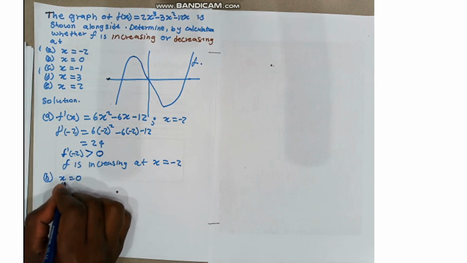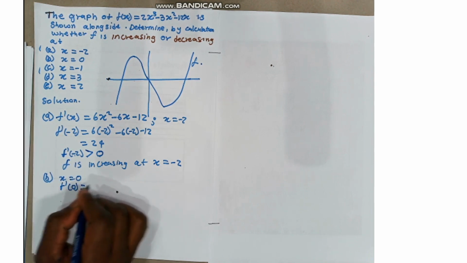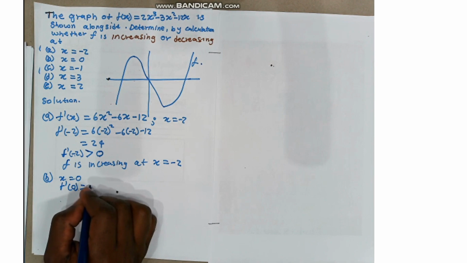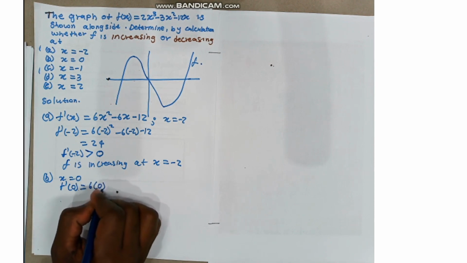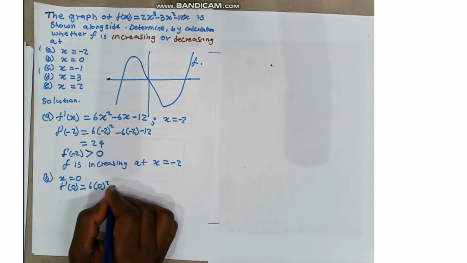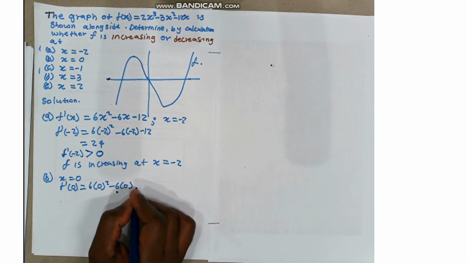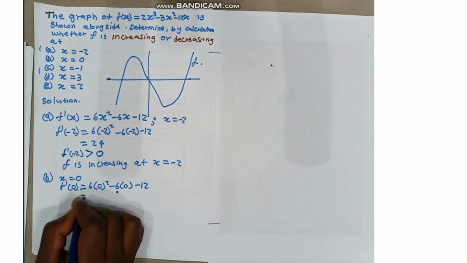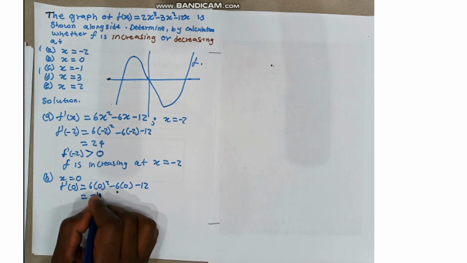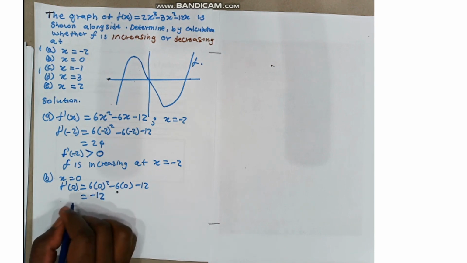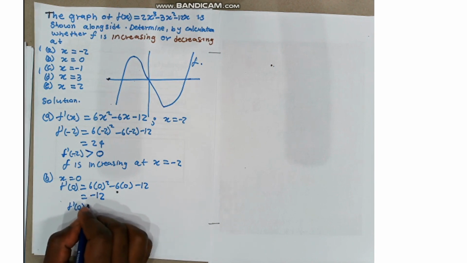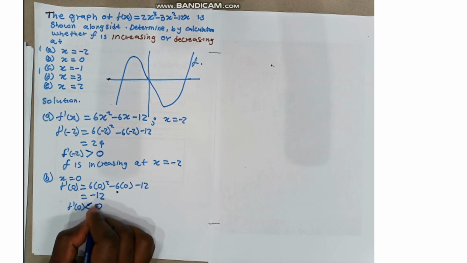Let's do part B from our derivative where x is equal to 0. Substituting 0: 6 times 0 squared minus 6 times 0 minus 12, we just get -12. So f prime of 0 is less than 0. It's negative.